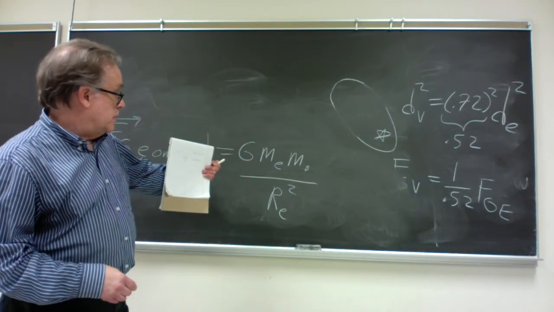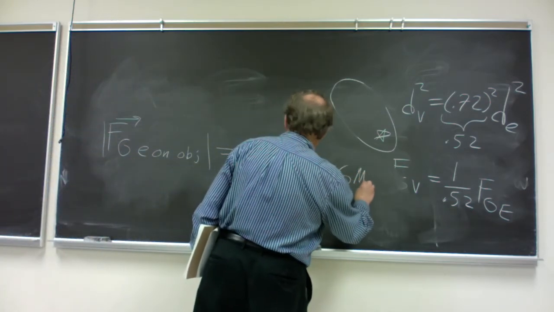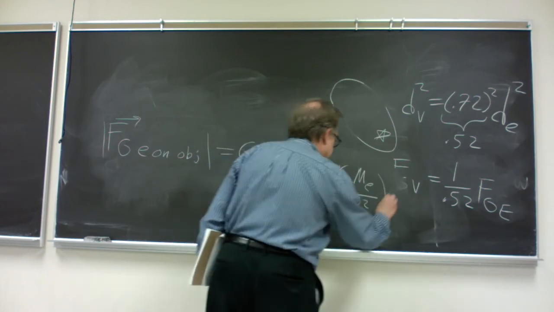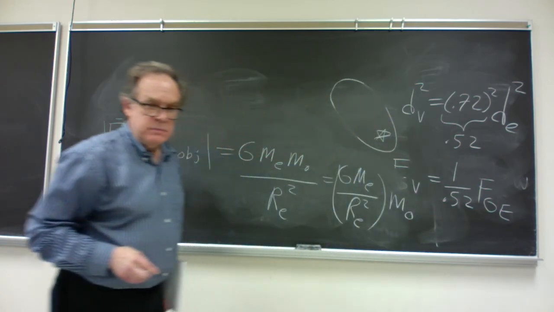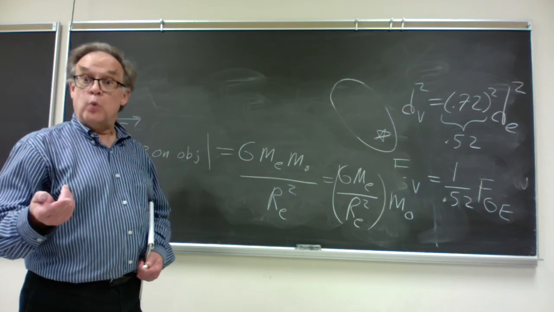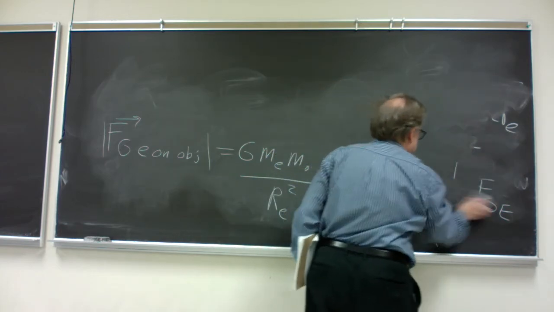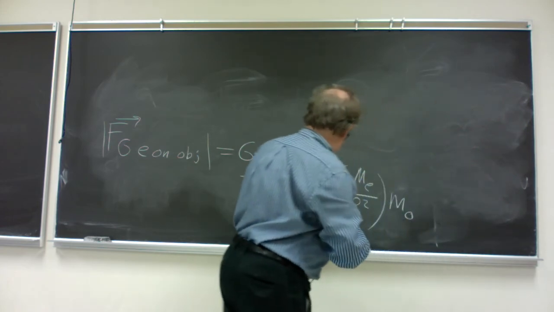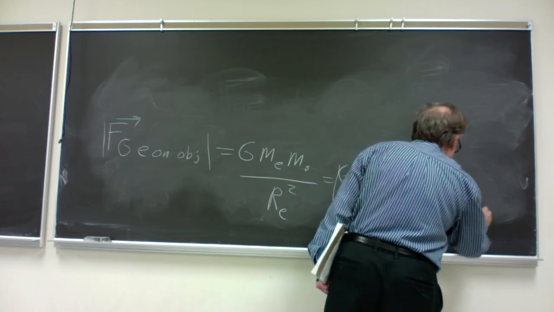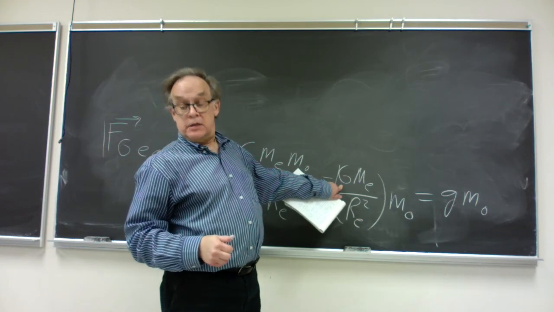So if we combine some factors here, G, mass of the Earth, radius of the Earth squared, combine them and separate them from the mass of the object, now we actually have our rule for weight. This is simply equal to g times the mass of that object, because that is g.